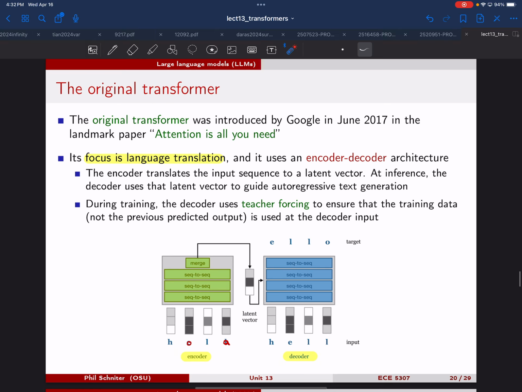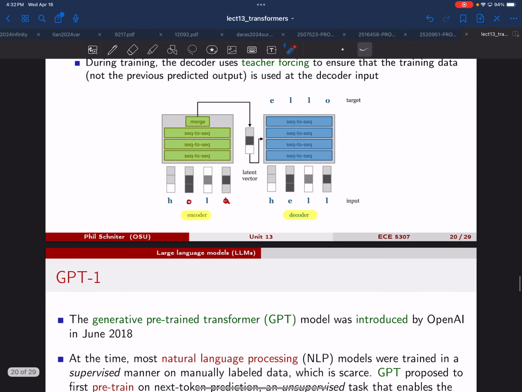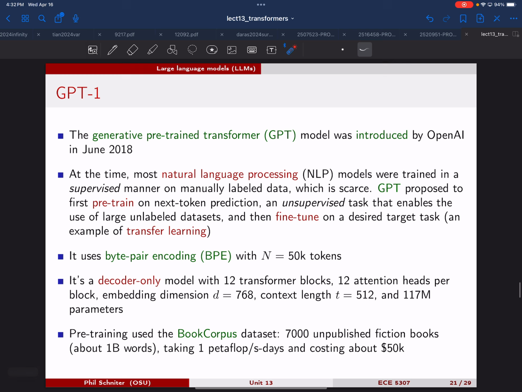Any questions? Okay. So GPT-1, released by OpenAI in June 2018. One of the key words here is pre-trained. That's the PT, generative pre-trained transformer. The significance of that is that at the time, most of these natural language processing models were trained in a supervised manner using labeled data.